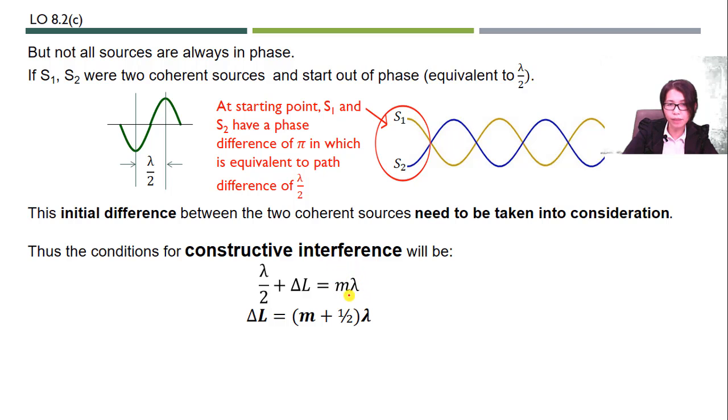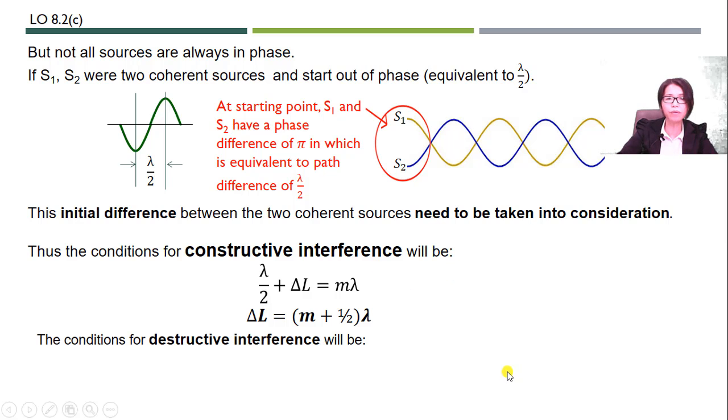Then this will equal the condition in order to have a constructive interference. So if we rearrange these equations, we will find out that for the coherent sources which start out of phase, the path difference must equal m plus half lambda in order to obtain constructive interference. Same goes for destructive interference.